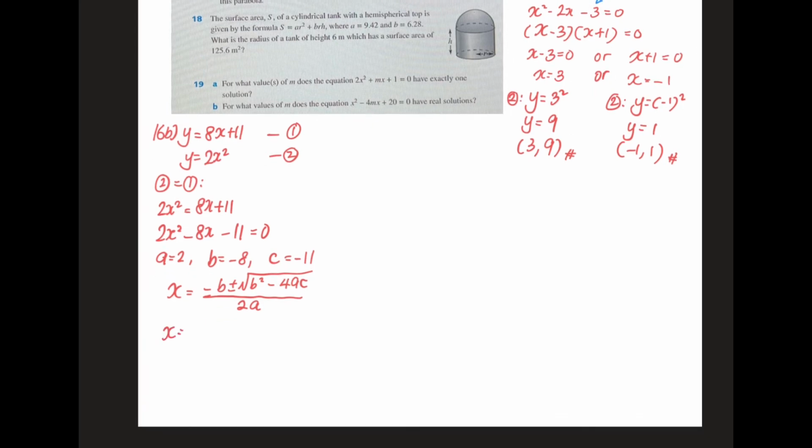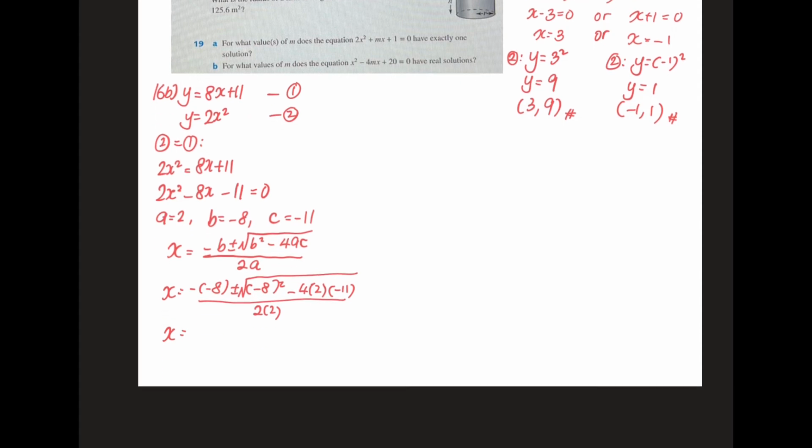Okay, now let's see, x equal to, we have minus b, yeah? Minus b means minus negative 8, plus minus square root of b squared minus 4ac, over 2a.